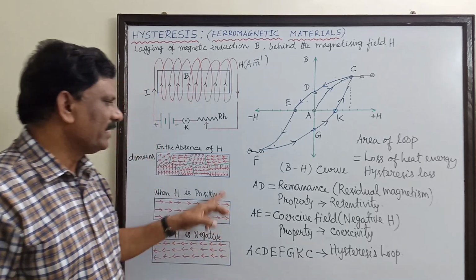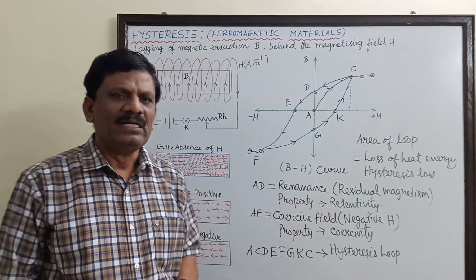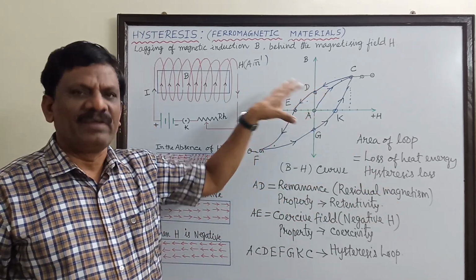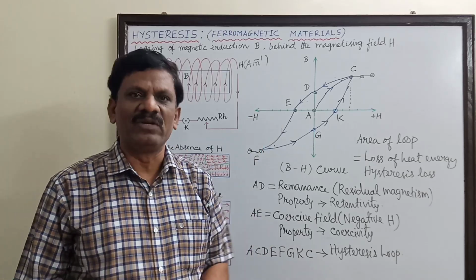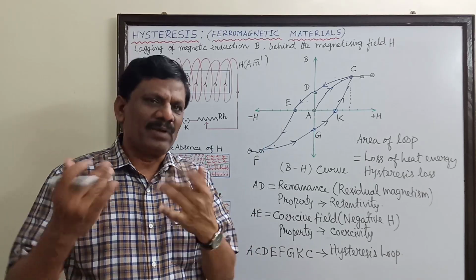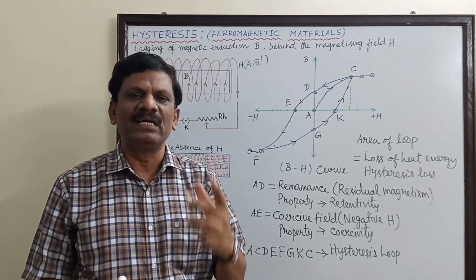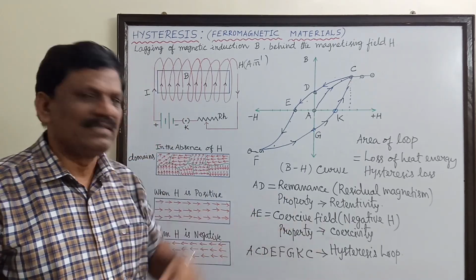Second short answer question possible: define remanence or retentivity. The residual magnetism remaining inside the ferromagnetic sample even after bringing the magnetizing field H to 0 is called remanence. And the property of retaining this magnetism inside the material is called retentivity. What is coercive field or coercivity?